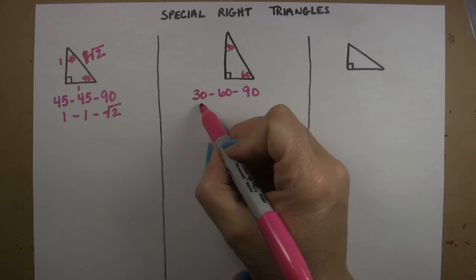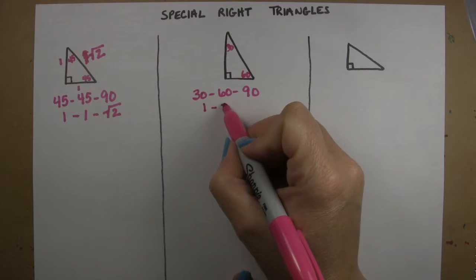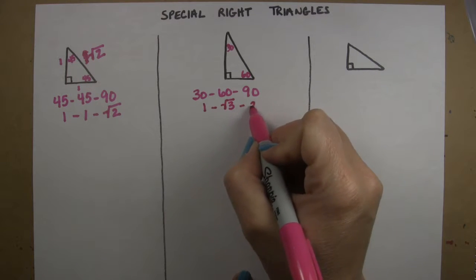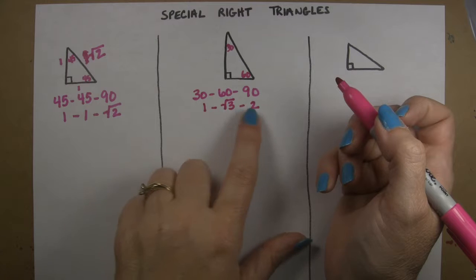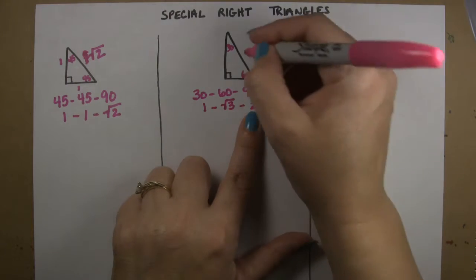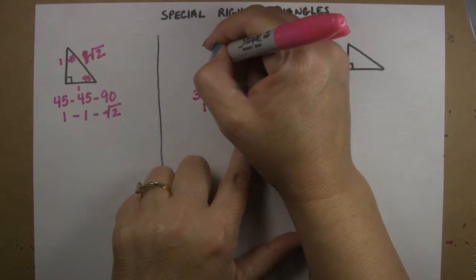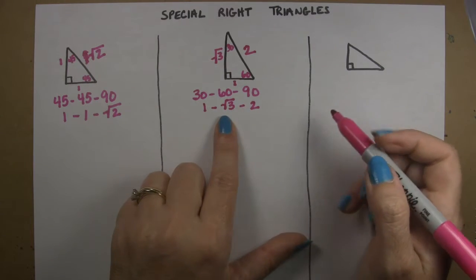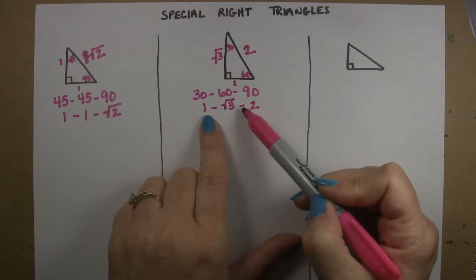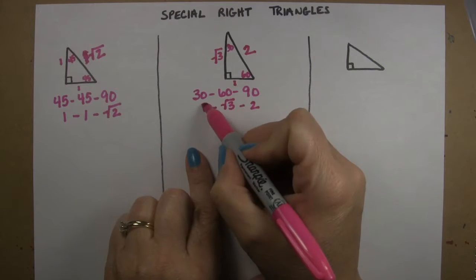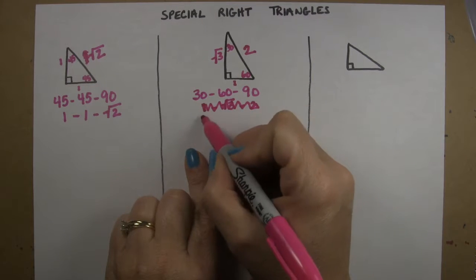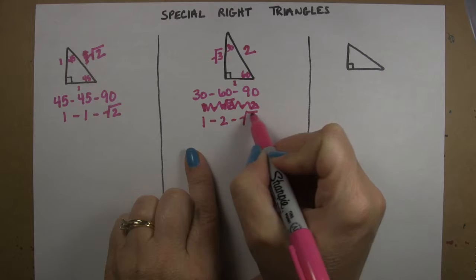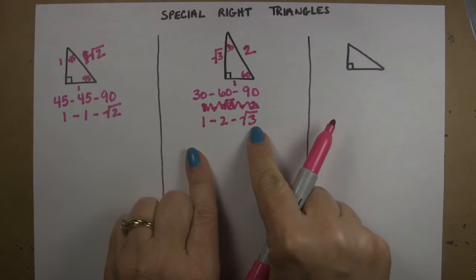This is also called the, it should be called this, the 1 to root 3 to radical 2, because it goes like this. But we don't call it that because it's cooler if we call it the 1 to 2 to radical 3, because then you have your 1, 2, 3 in order.